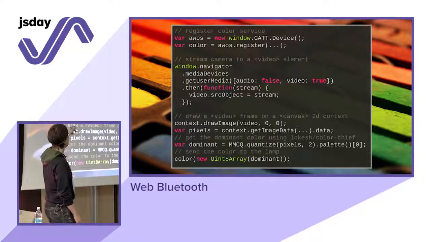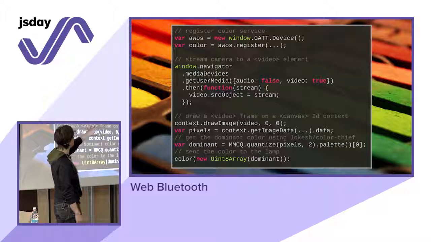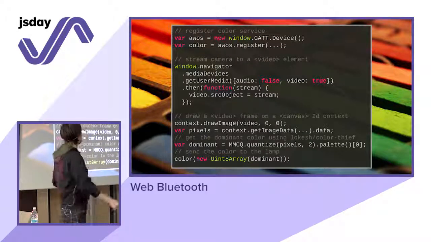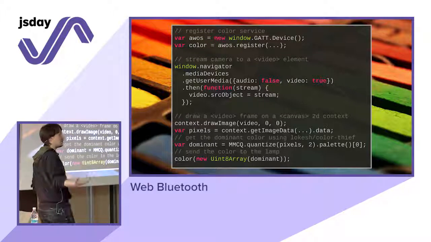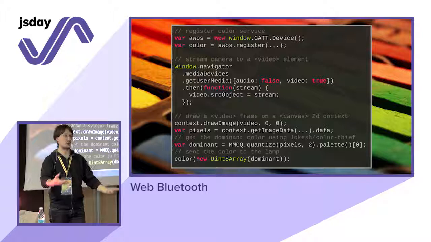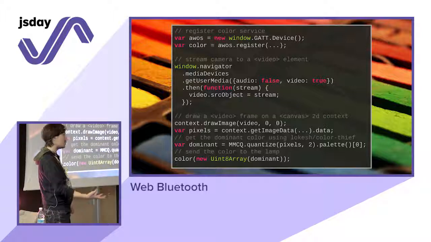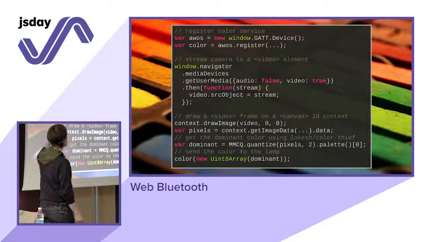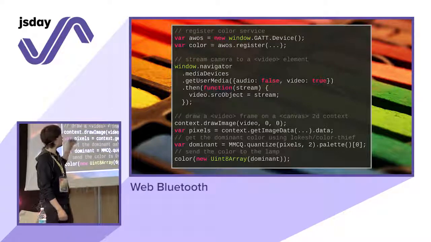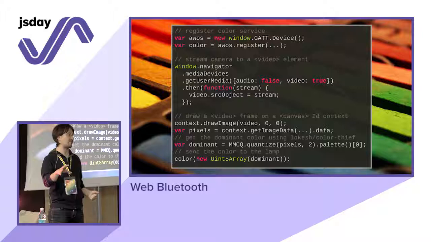A video stream is actually associated to a video object, an HTML5 video object. And if you want to display this video object, you will see the actual video going on the screen. But we don't want to do that. What we want to do is use a canvas, especially this drawImage function, to draw the video on a canvas.